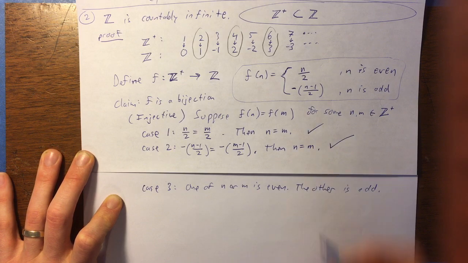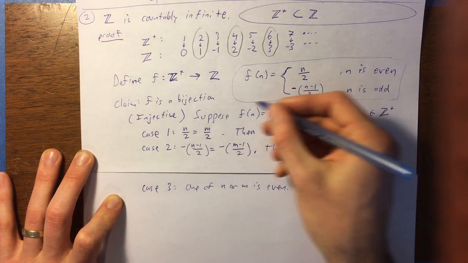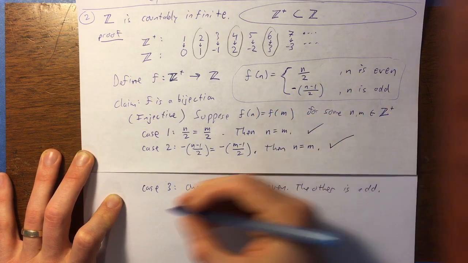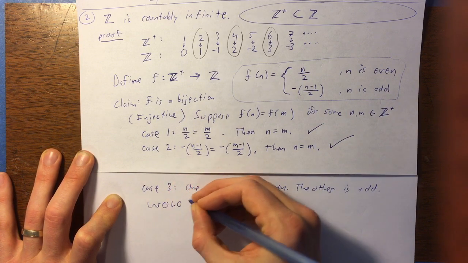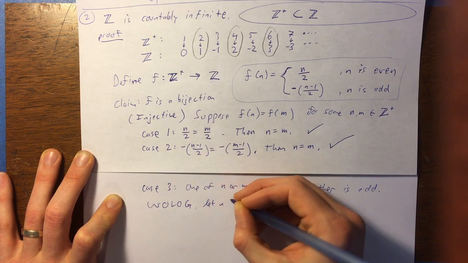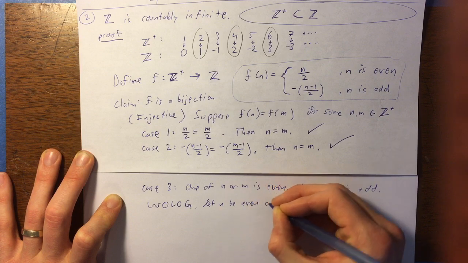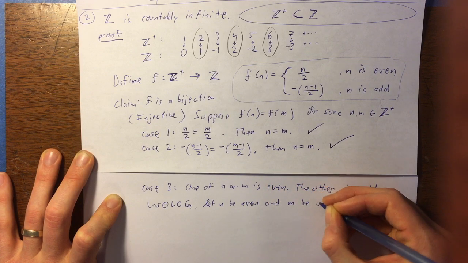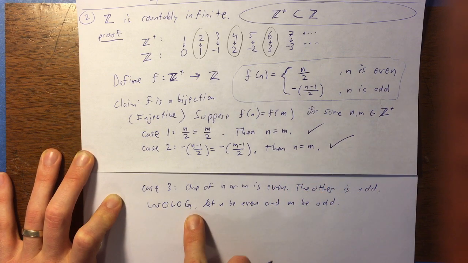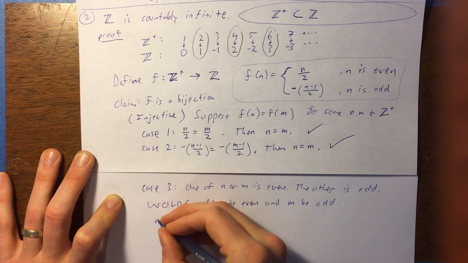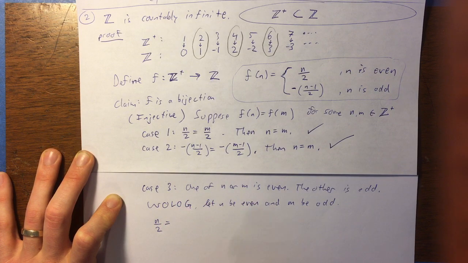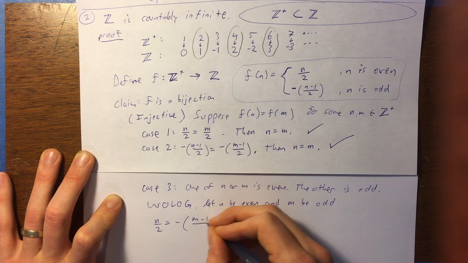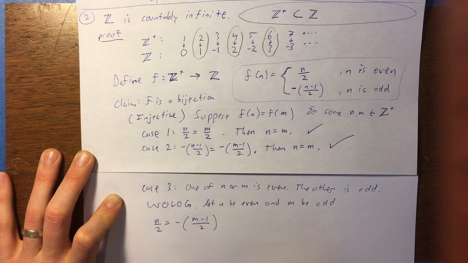But since there's symmetry in the statement f of n equals f of m, I can just say, without loss of generality, let n be even and m be odd. Then if n is even, f of n is n over 2, and if m is odd, f of m is negative m minus 1 over 2.